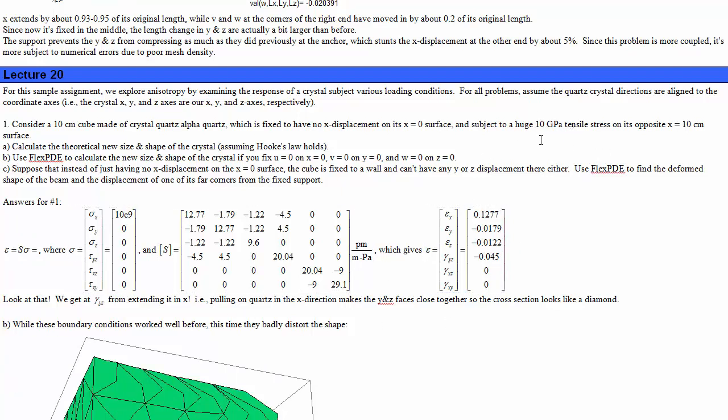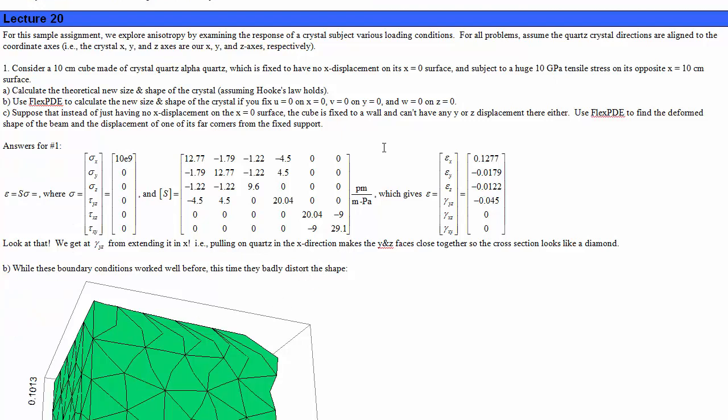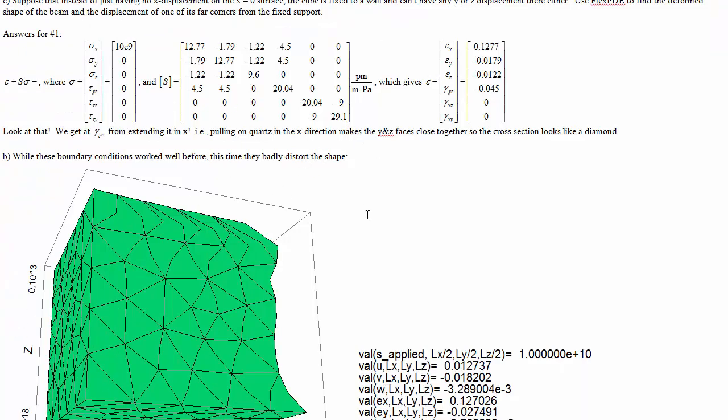We want to apply this big stress to be able to see the deformations. Now I'm just going to point out one thing, which is the fact that this crystal anisotropy leads to some pretty interesting shapes. So here what's happened is we haven't applied any forces on the sides or the top and bottom. All we've done is pulled this out of the page, so in the positive x direction.